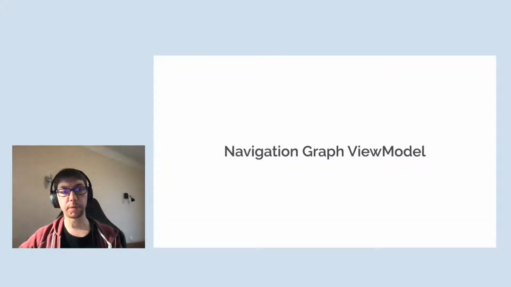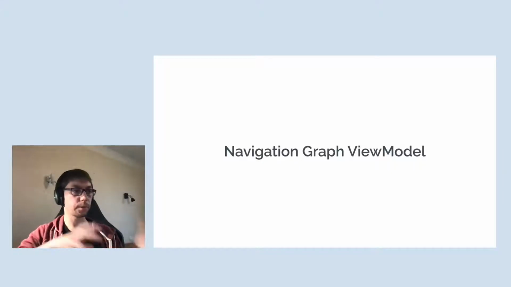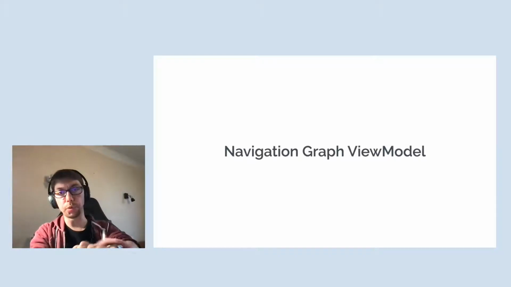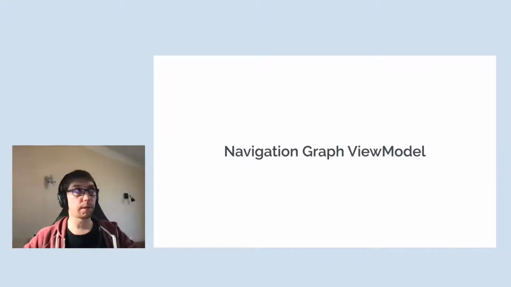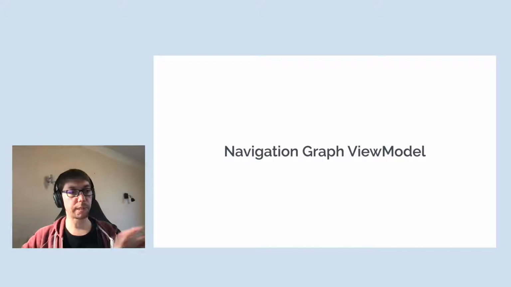One last thing about scope, a special one, is the navigation graph. That means that some view model may be scoped to your navigation route. That means that it will survive. This will be the same view model instance for your application.